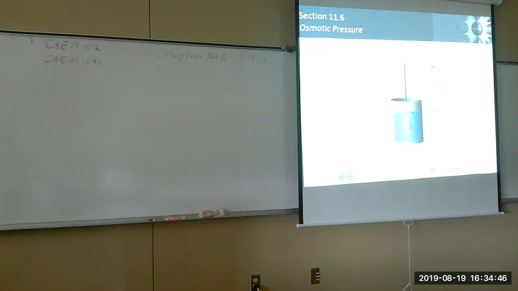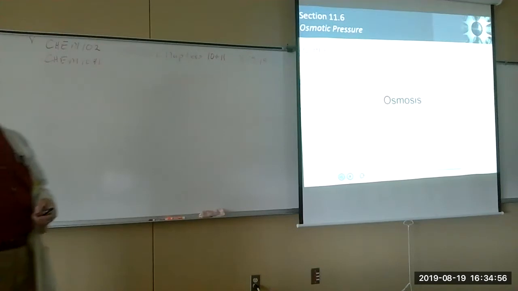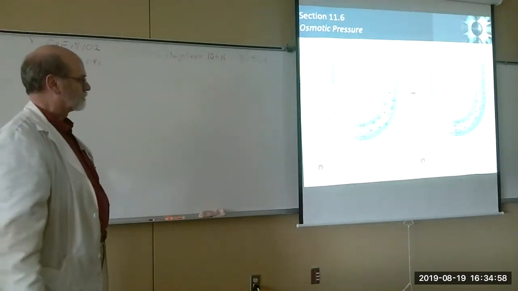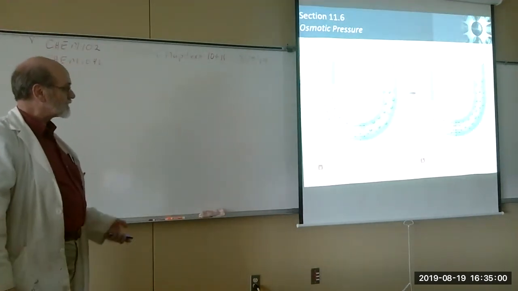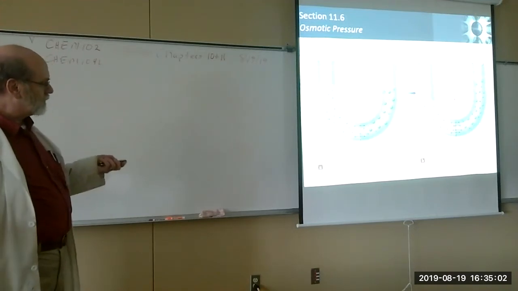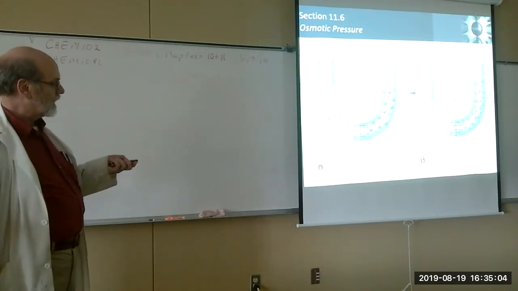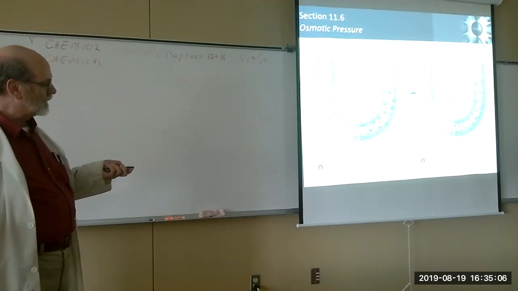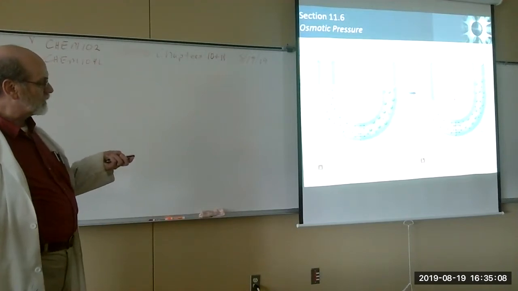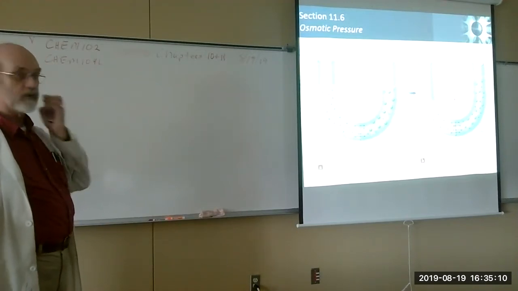The upward flow of solvent stops when the pressure of the solution above the membrane equals the osmotic pressure, pi. So pi is the symbol we use for osmotic pressure. In this example, we have pure solvent here, solution there, and as pure solvent moves, we reach an equilibrium point, and the difference between these two is also the osmotic pressure.